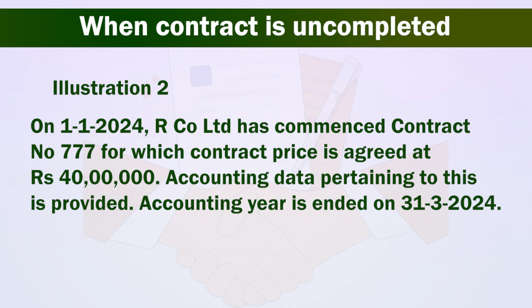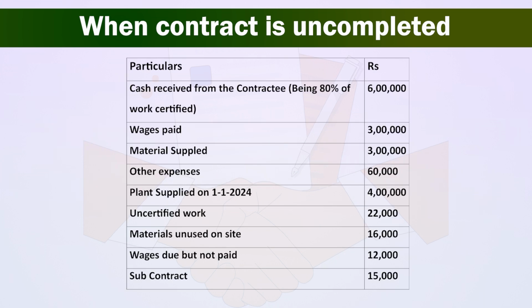On 1st January 2024, our company limited has commenced contract number 777, for which contract price is agreed at rupees 40 lakhs. Accounting data pertaining to this is provided. Accounting year is ended on 31st March 2024.